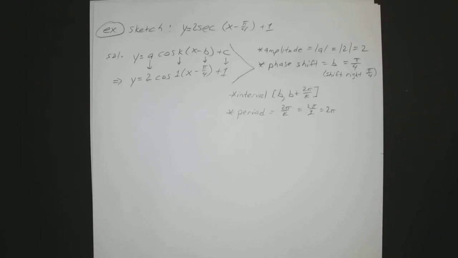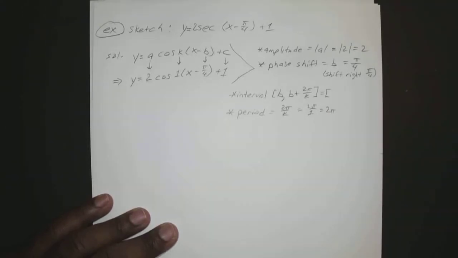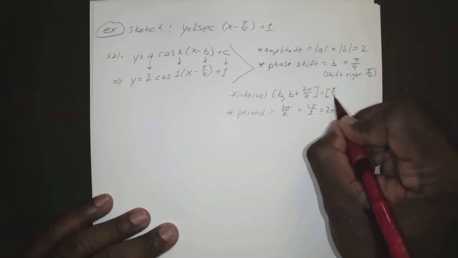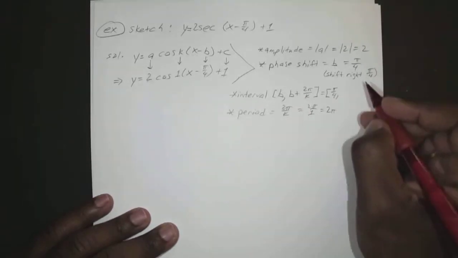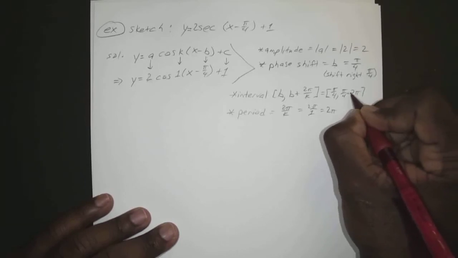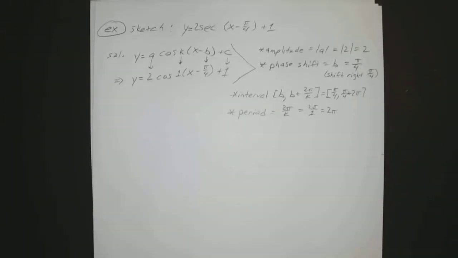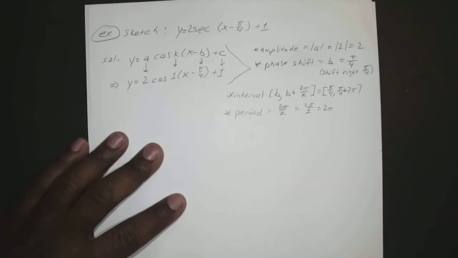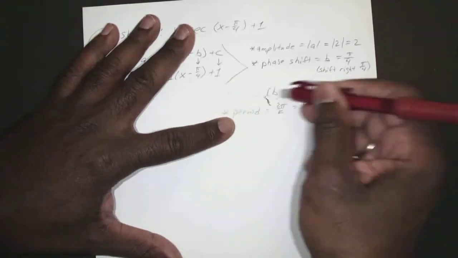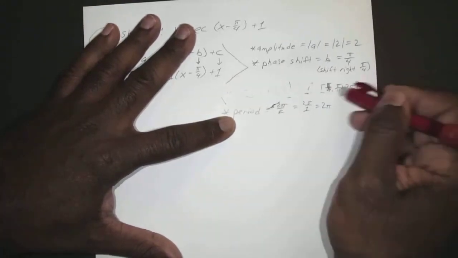Okay. Now our interval, now that we know our 2 pi over k, is pi over 4, which is our b, and pi over 4 plus 2 pi. I should have moved that over some. So it's pi over 4 to 9 pi over 4. I think I will move that over a little bit, instead of trying to squeeze everything in that little bit of space.